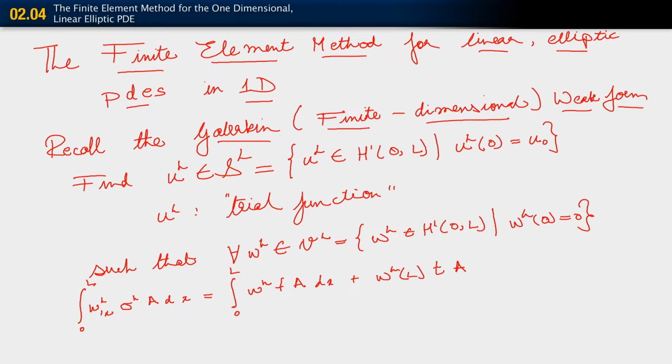Now, one thing I should point out here is the following. In our finite dimensional weak form, observe that we have sigma^h. What we imply is that sigma^h is going to be obtained as E u^h_{,x}.